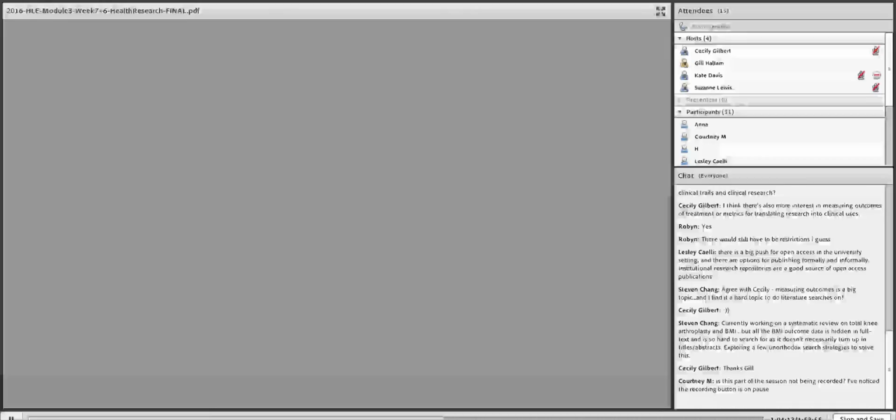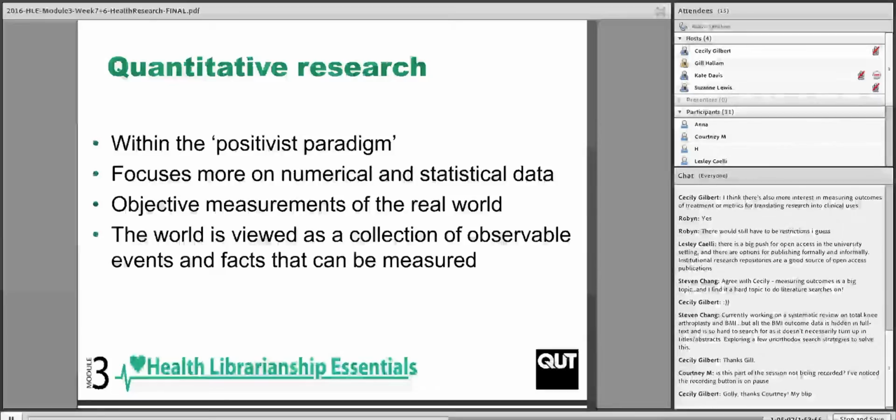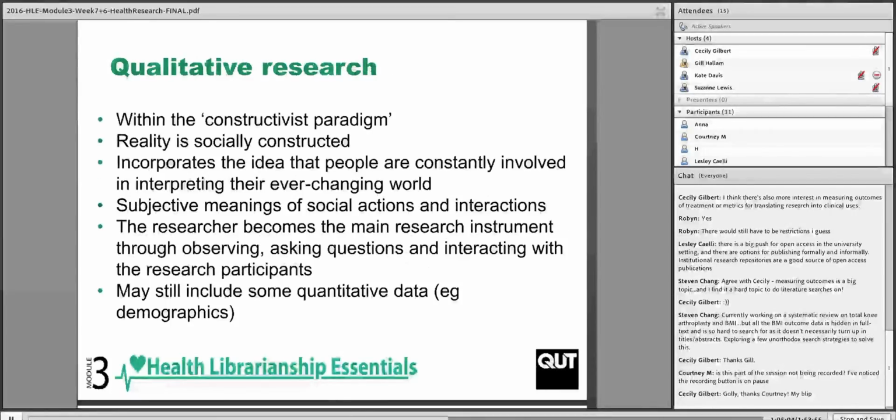So that's the quantitative dimension. Qualitative is more constructivist. It's looking at how people are engaged with their world, so it incorporates the idea that people are involved in interpreting their ever-changing world. So it's much more subjective.